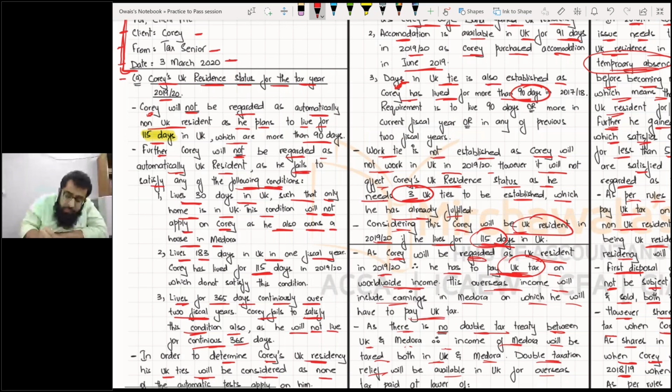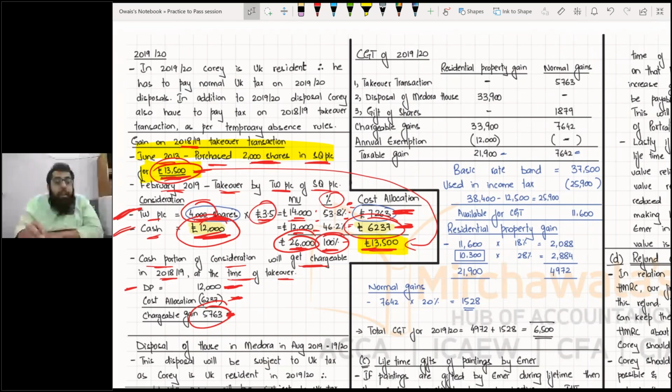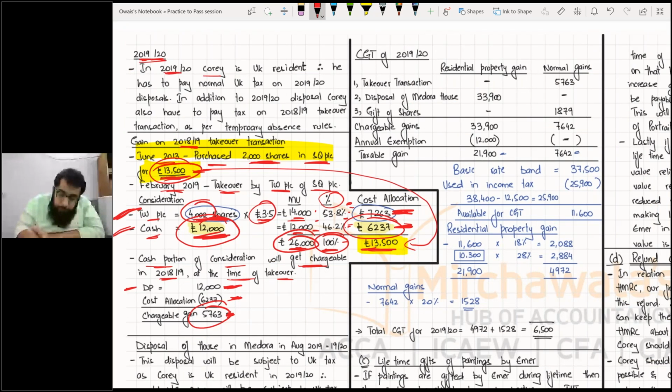In 2019-20, Corey is UK resident. Therefore, he has to pay normal UK tax on 2019-20 disposals.